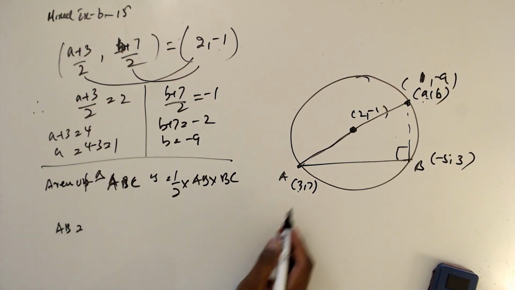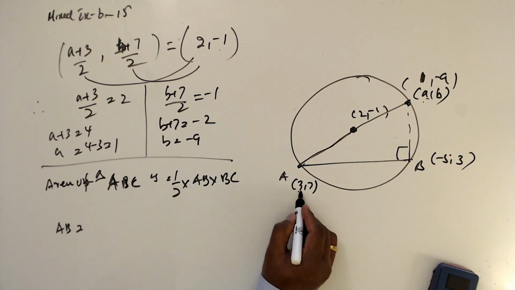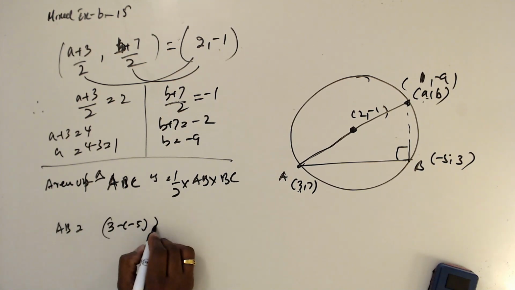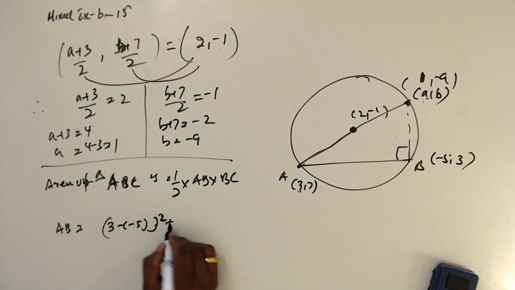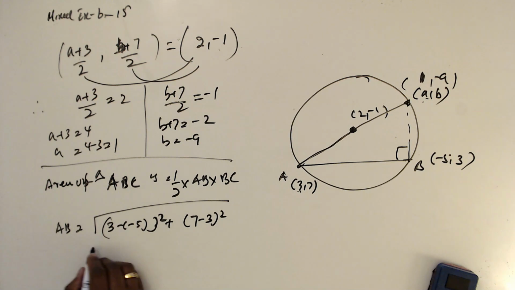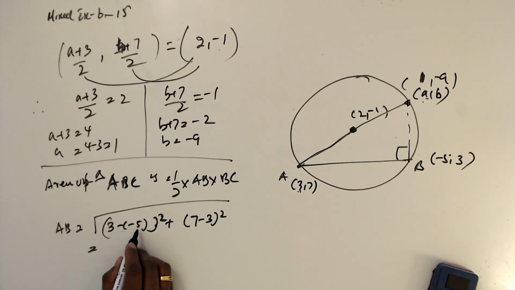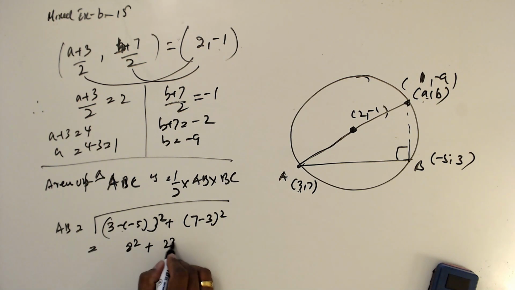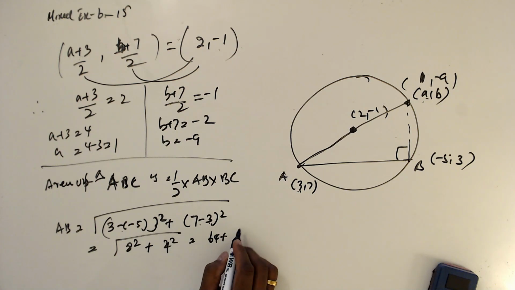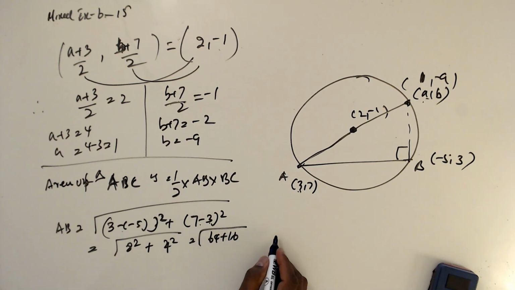So AB equals the square root of x1 minus x2, 3 minus minus 5, squared, plus y1 minus y2 squared. So this is going to be 8 squared plus 4 squared, 7 minus 3 is 4. 64 plus 16, square root 80.